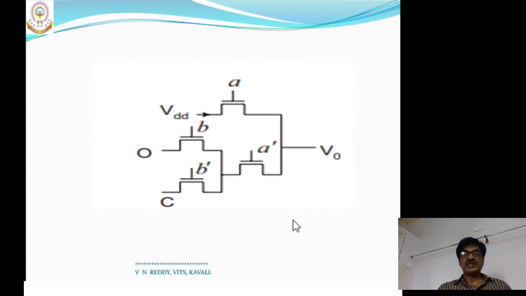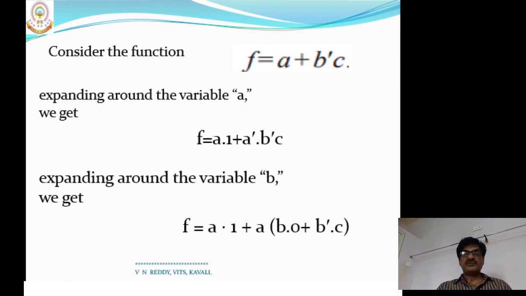Like that you can realize the function using pass transistor logic with Shannon's expansion theorem. Are you following? First you expand the given function with reference to all the variables up to a single variable; that single variable need not be expanded.